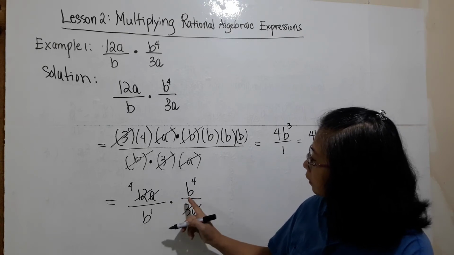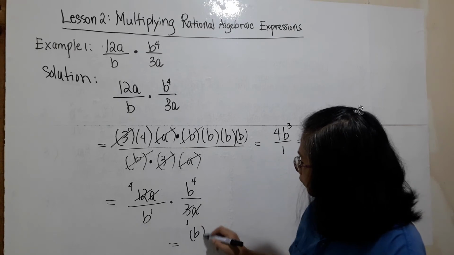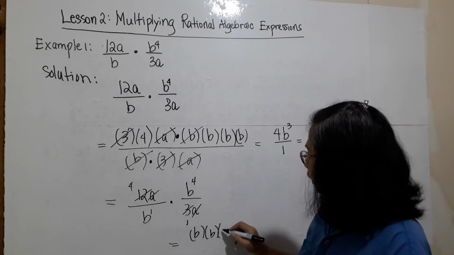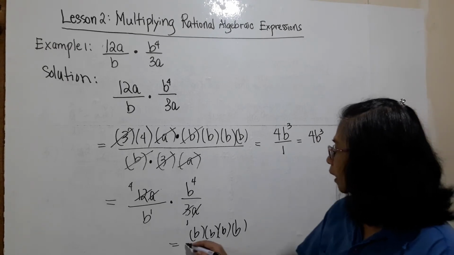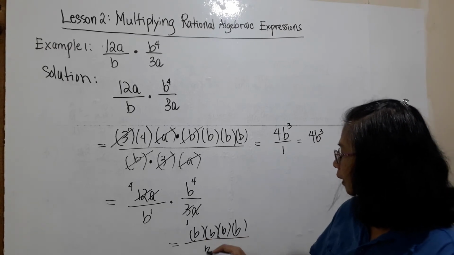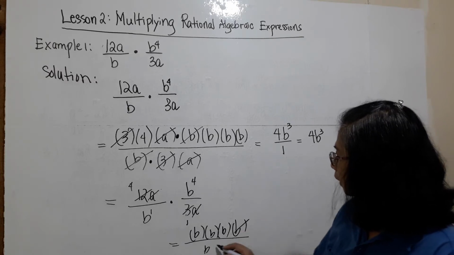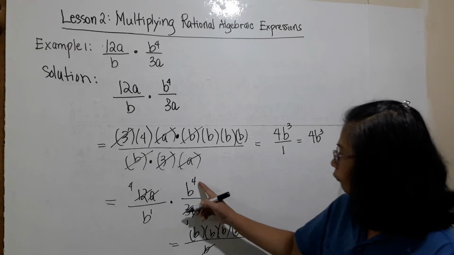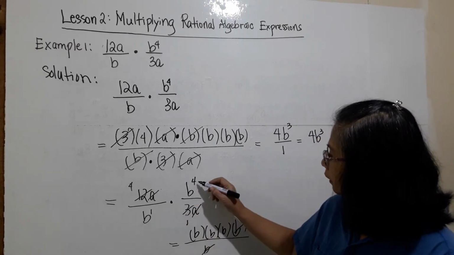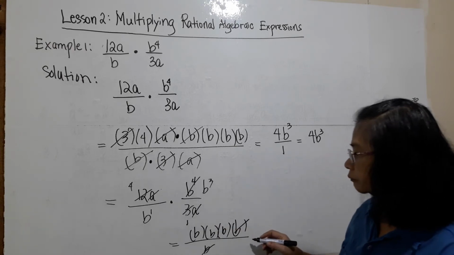So you will understand more: 4 b's in the numerator and 1b in the denominator. So we can cancel b here. How many b's are left? 4 minus 1 is 3, so we have b cubed as shown here.